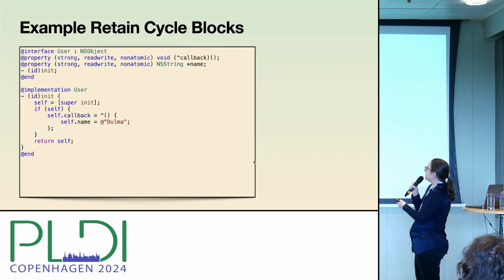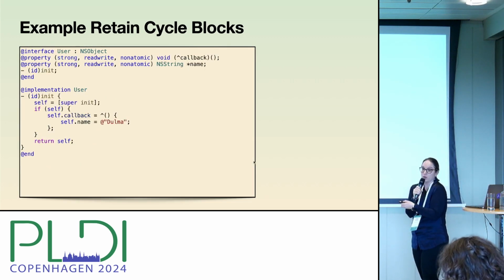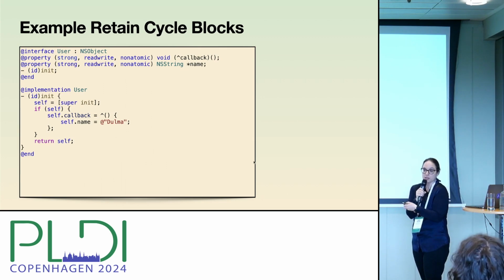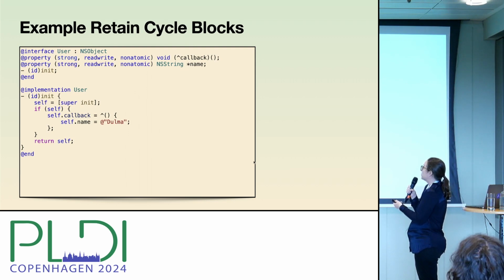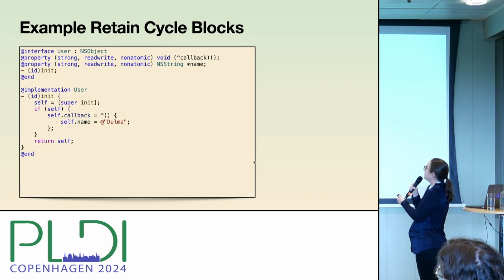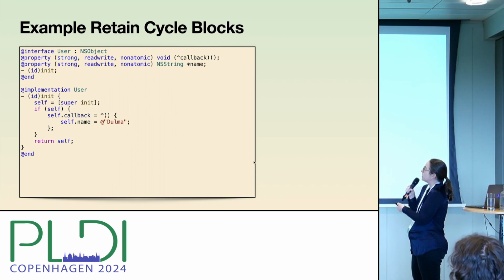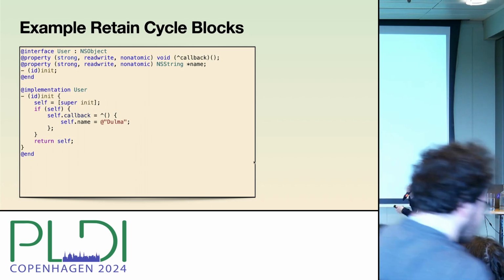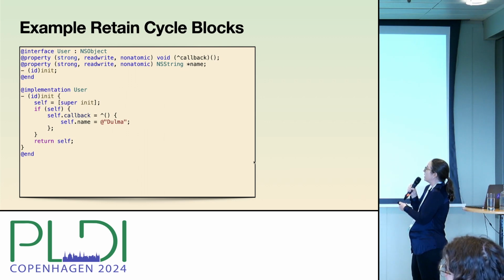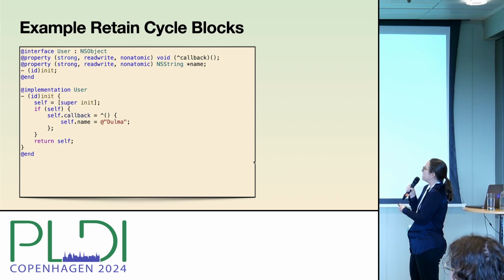Another common pattern has to do with Objective-C blocks, which are the closures. So here we have a class User that has a property callback, that's the block, and a property name. And then in the initializer of User, we assign callback to a block, and inside the block, we use self.